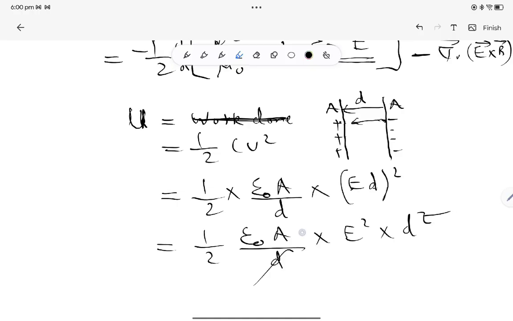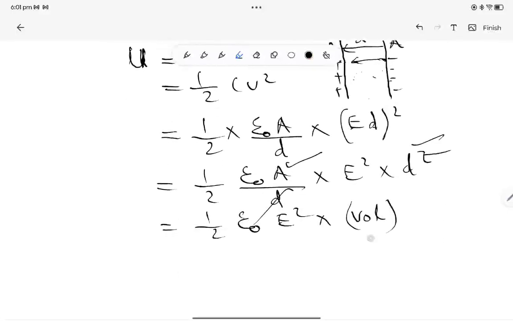One d cancels. A and d, area of plates into distance between them, that is volume of this space between the plates. This is 1 by 2 epsilon naught E square into volume. I will write VOL for volume, because I've already used V for potential difference.